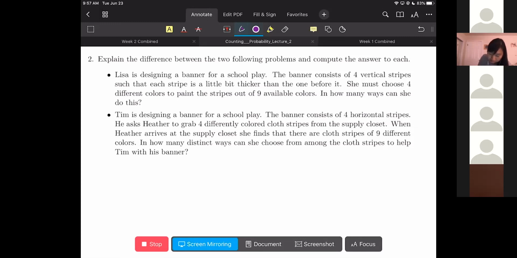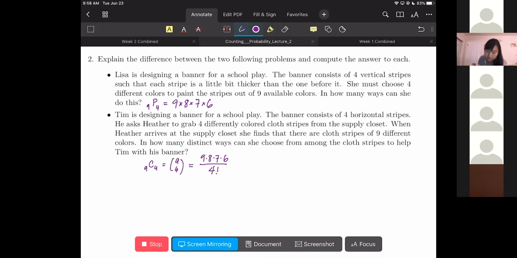And that would give us the answer to how many ways she can choose the colors for the banner for the school play. And then I think the next one is a combinations question, because I didn't notice any order in it. So it would be 9 choose 4, and our answer would be 9 factorial over 5 factorial times 4 factorial, which is 126.